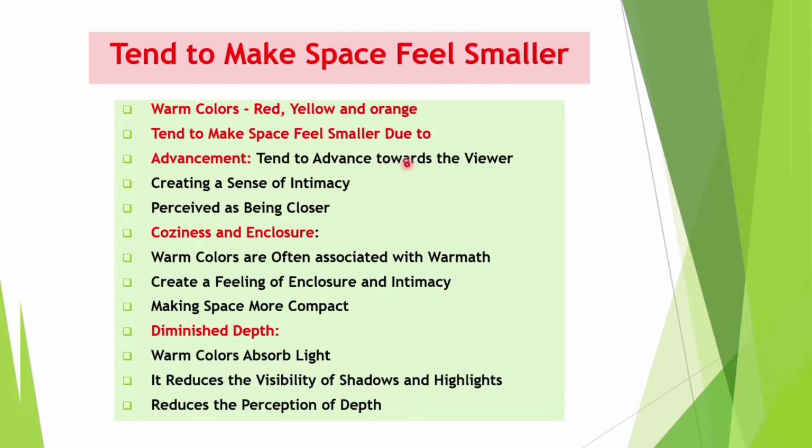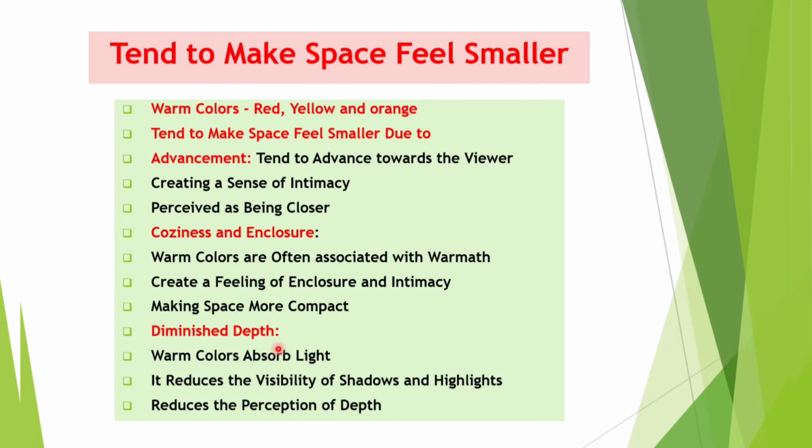It attracts the viewer, and a sense of intimacy is there, and it is perceived as being closer. As a result, it becomes coziness and enclosure. Warm colors are often associated with warmth. They create a feeling of enclosure and intimacy, so the space is more compact and they diminish the depth.